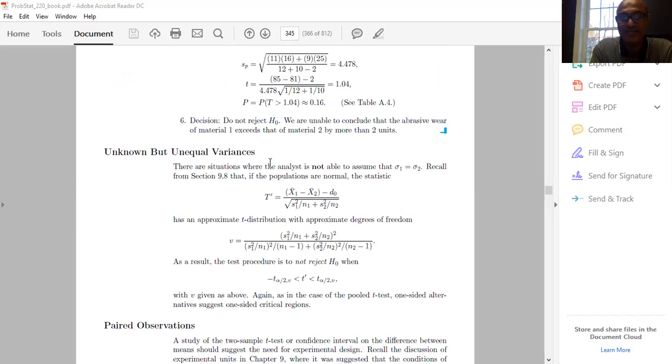It was quite simple. But whenever the situation is different, I mean unknown variances and they are not equal, in that case your V is quite difficult.